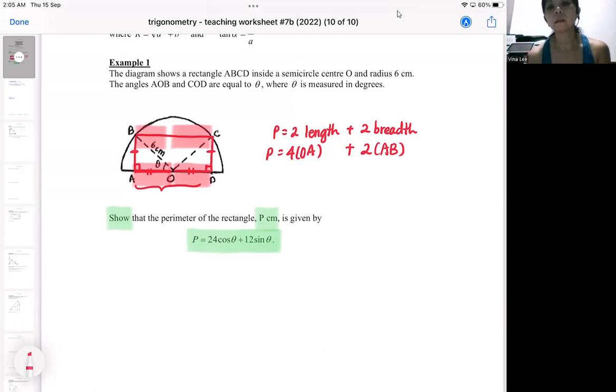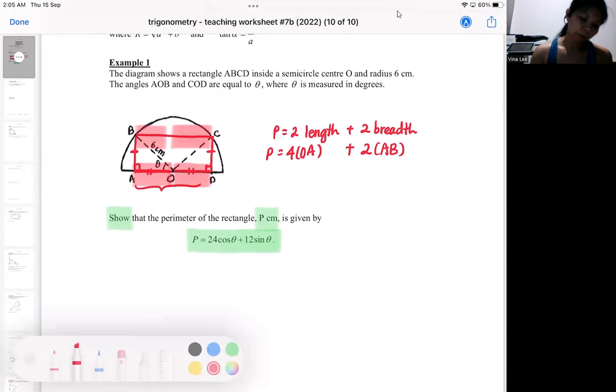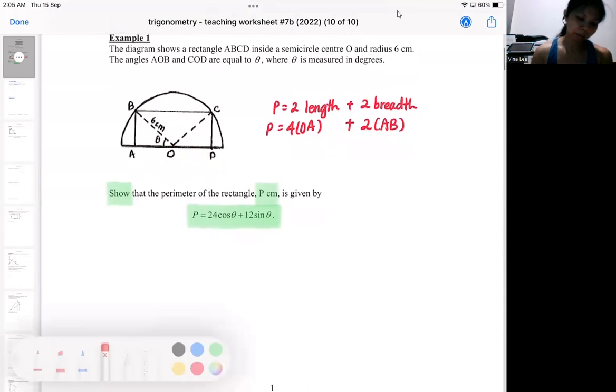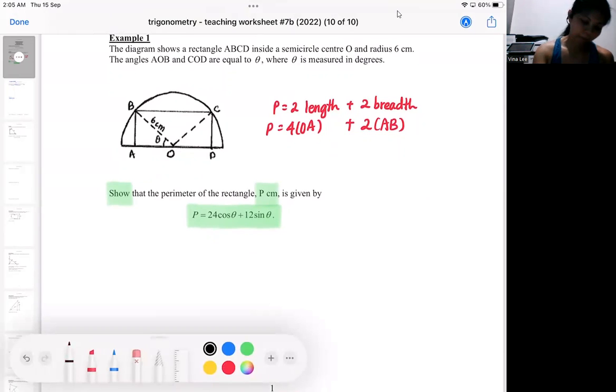So the two lengths will be 4 times of OA. So from here, I'm going to explore my OA and my AB. So I'm going to explore that in this triangle.